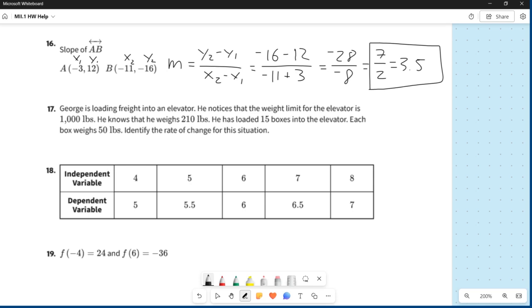So really, all this is saying is, what happens to the total weight as you add a box? Well, each box weighs 50 pounds. What that means is, my rate of change is simply 50 pounds per box. That is the rate of change for this scenario.